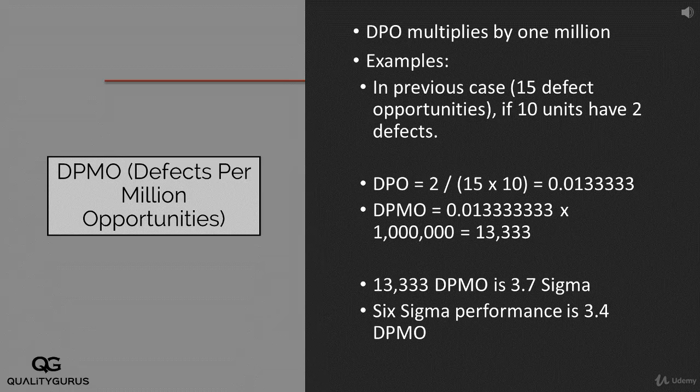But then if this is not Six Sigma, at what Sigma level do we have 13,333 defects? If you look at the chart, which I will show you later on, you will find out that this particular process has a performance level of just 3.7 Sigma. So next slide, we will look at all these levels. At 1.5 Sigma, what is the DPMO level? 2 Sigma, 2.5 Sigma.